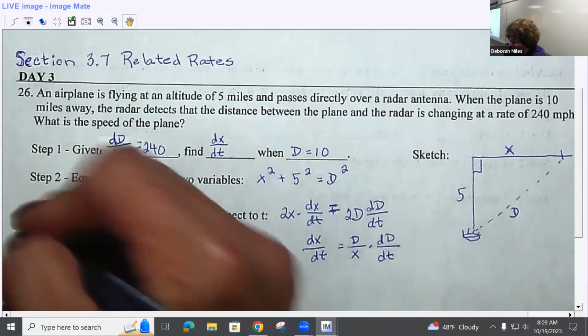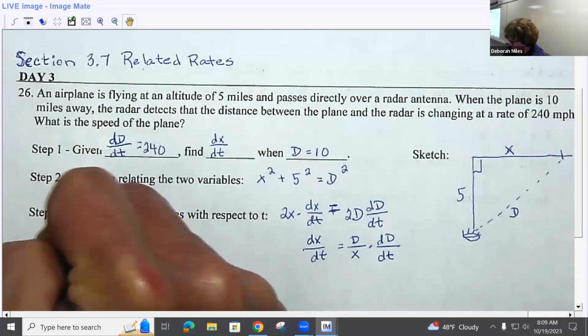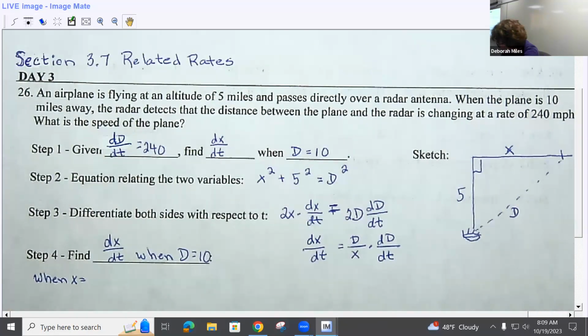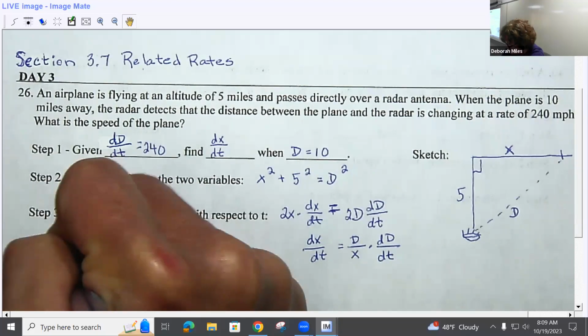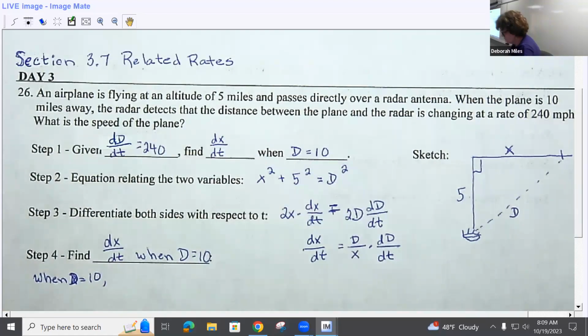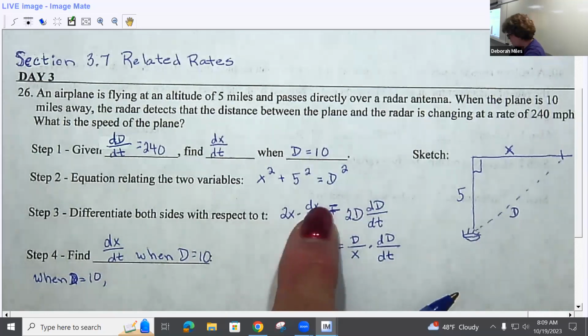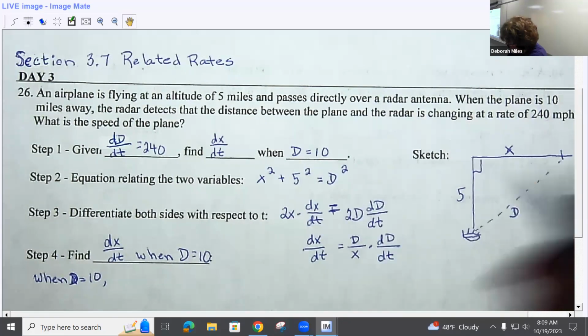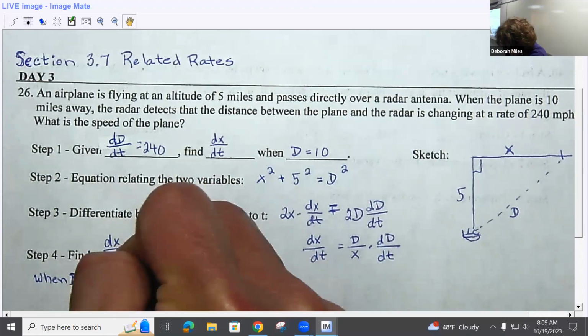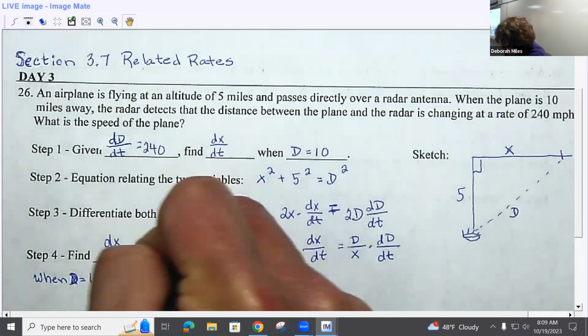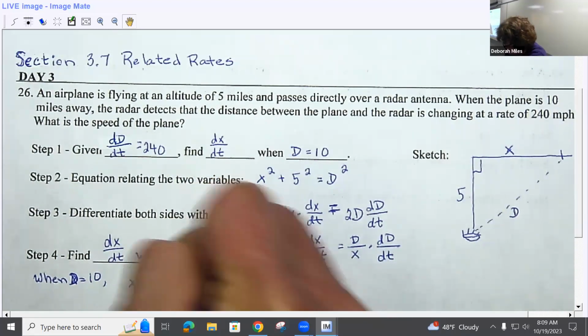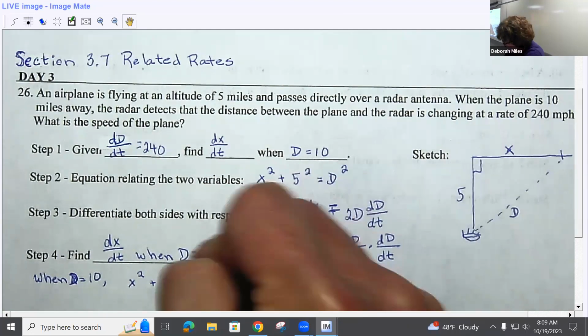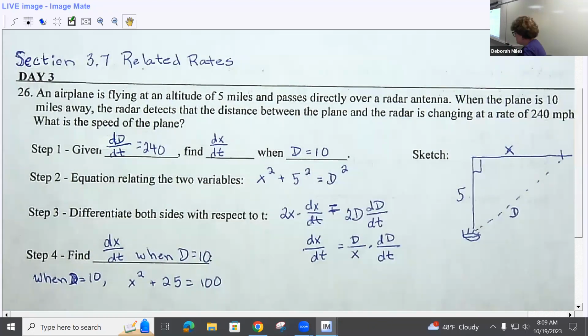Where am I going to get that x? Pythagorean theorem. When d equals 10, substitute that into our original equation and find out what x is. x squared plus 25 would equal 100.